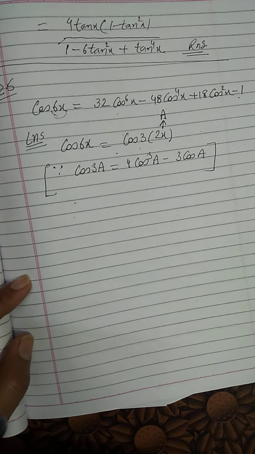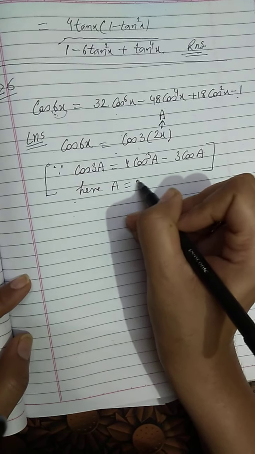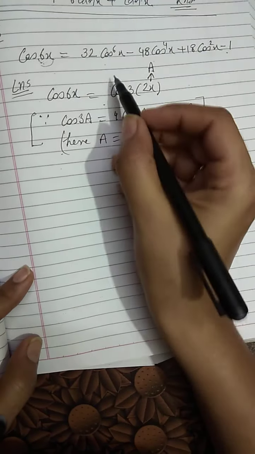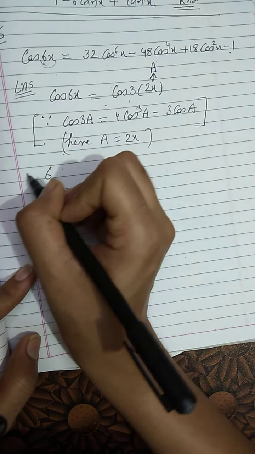This is our formula on page number 68 given. So let us apply this formula. In our sum, the value of a is 2x. So according to the formula, cos of 6x will be equals to cos 3a.